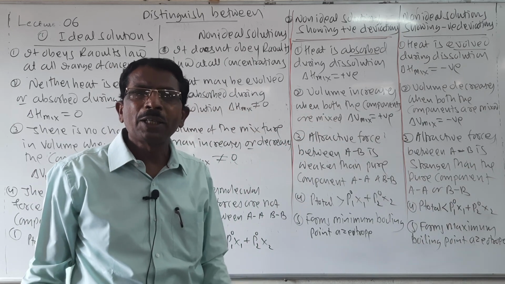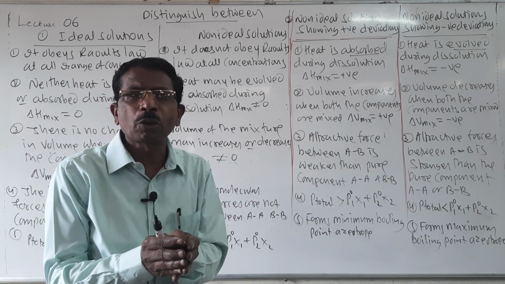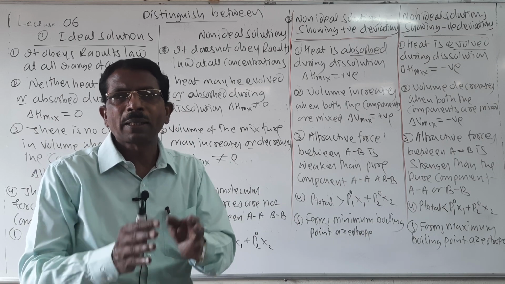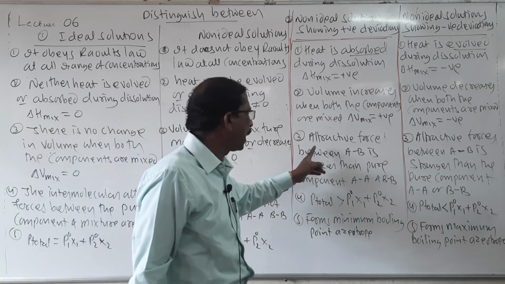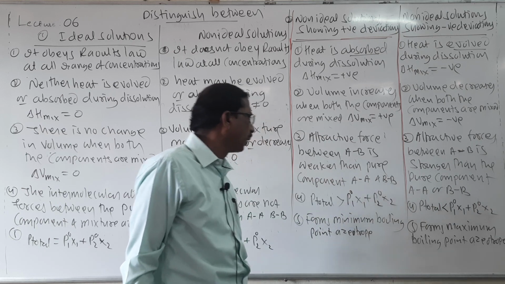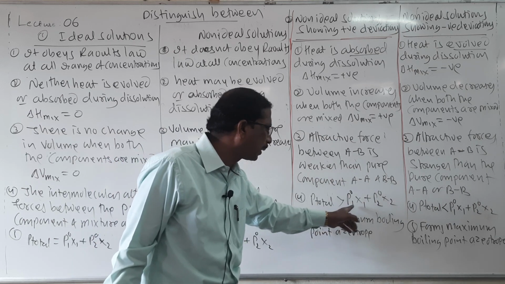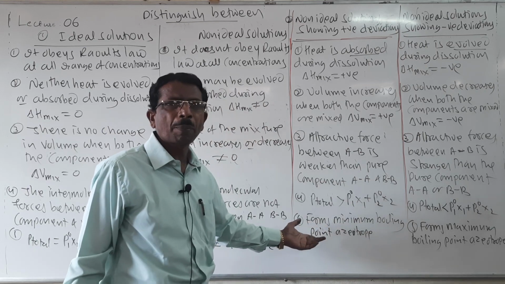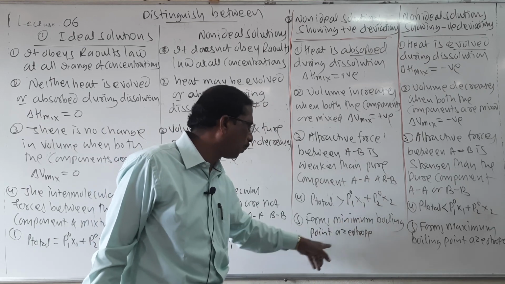So, here due to weaker intermolecular attractive forces between the two components, A and B, the molecules stay away from each other, and attractive force between AB is weaker than pure component AA and BB, and then P total is greater than P1 naught x1 plus P2 naught x2. So, because the vapor pressure increases, it forms minimum boiling point azeotrope.